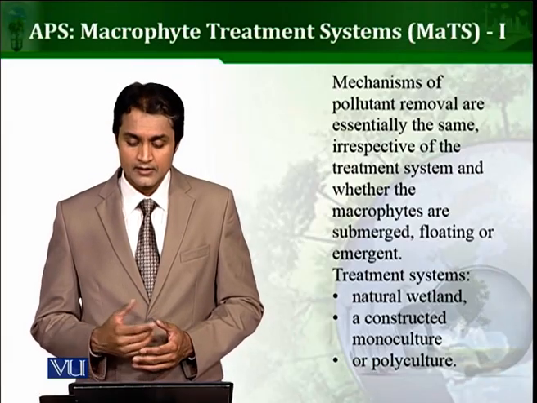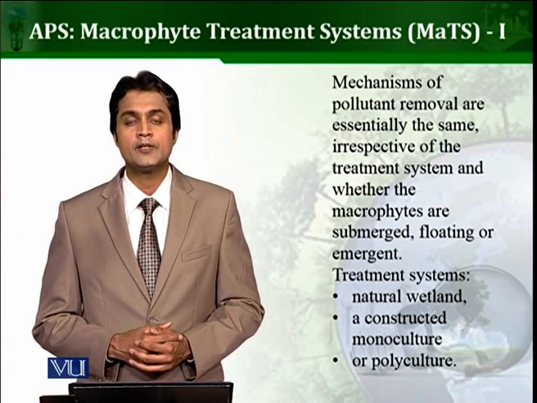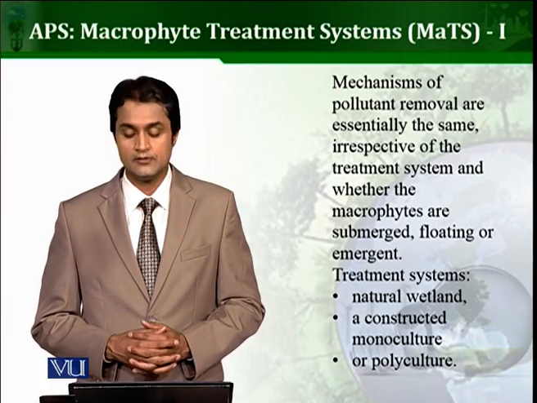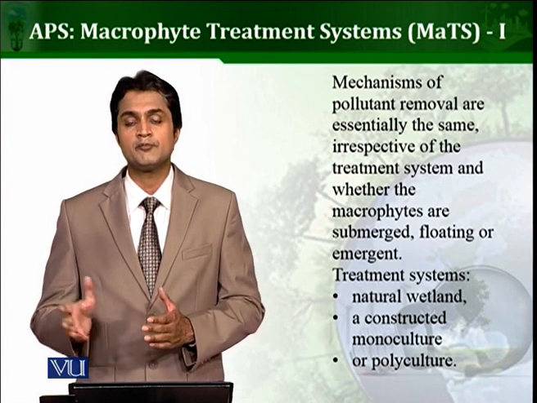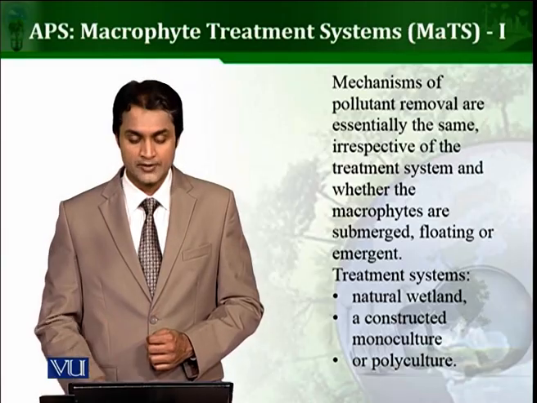The plants could be submerged, floating, or emergent. And when we talk about aquatic systems, the treatments could be natural wetland, a constructed monoculture, or polyculture. Monoculture means that we have planted only one type of plants, and polyculture means that we have planted different types of macrophytes.